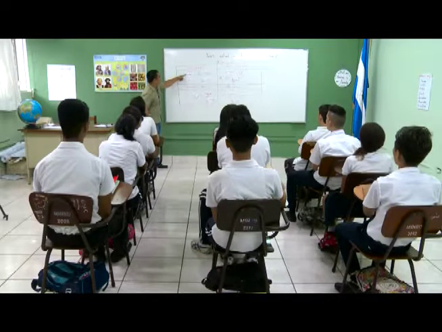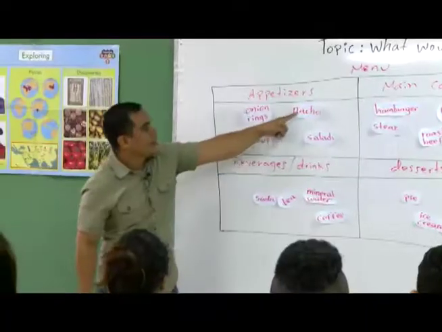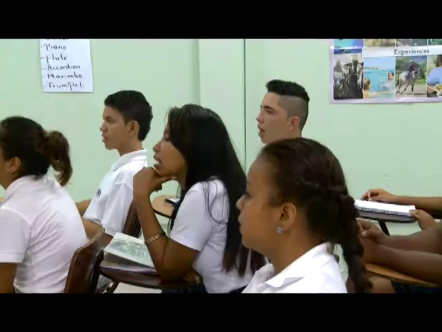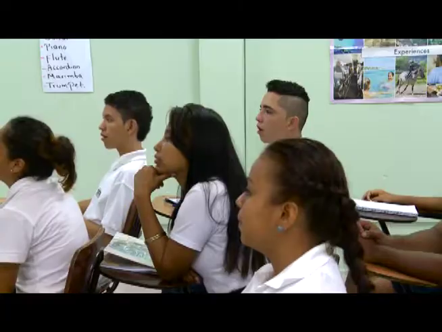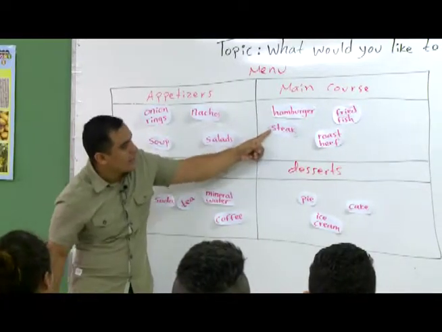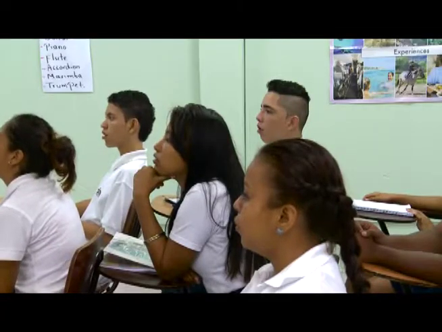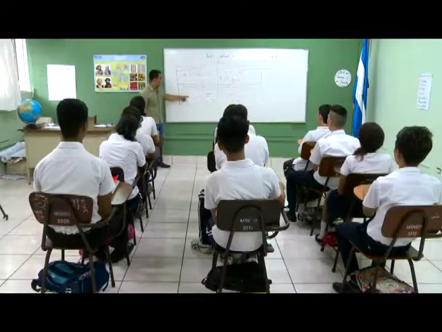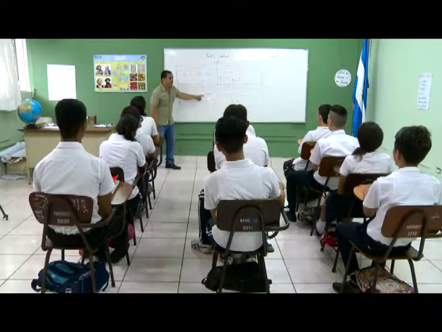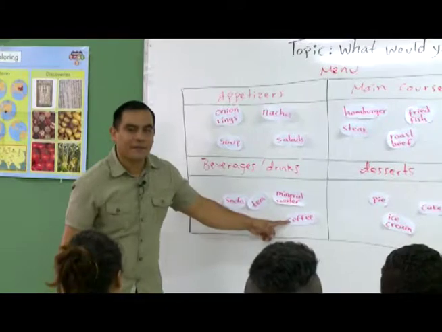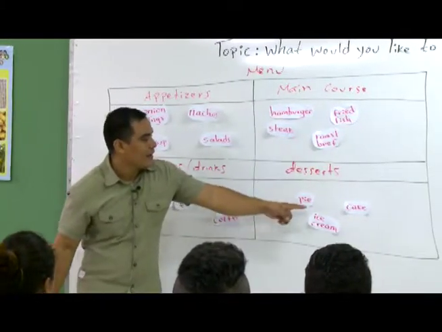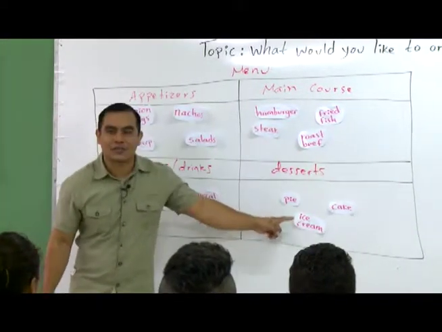So let's practice. Onion rings. Soup. Nachos. Salads. Hamburger. Fried fish. Steak. Roast beef. Soda. Tea. Mineral water. Coffee. Pie. Cake. Ice cream.